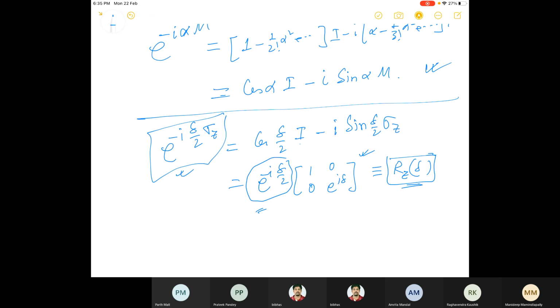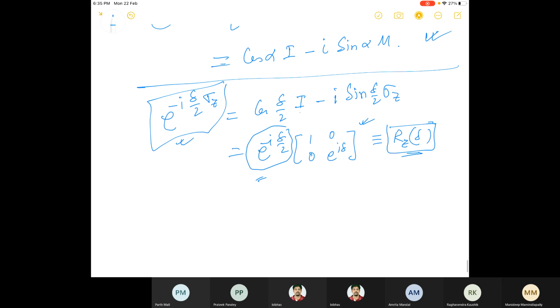Once I have this, let us do the same thing also for sigma X and sigma Y and see the difference. I can take minus i delta by 2 sigma X, and you will see that they give the same kind of effect on the qubit. That means they will rotate the qubit psi on which you are applying.